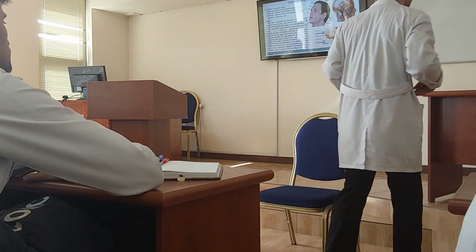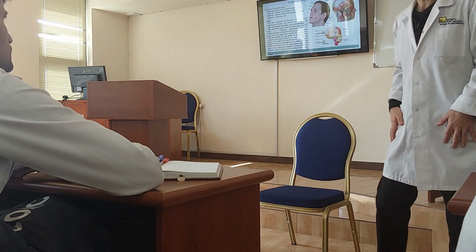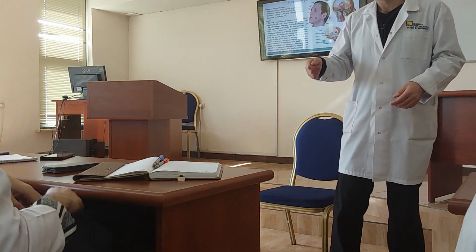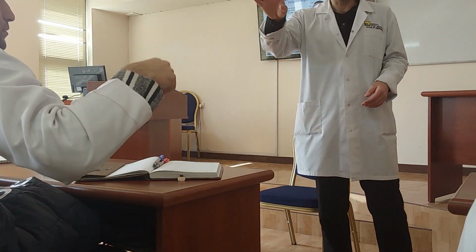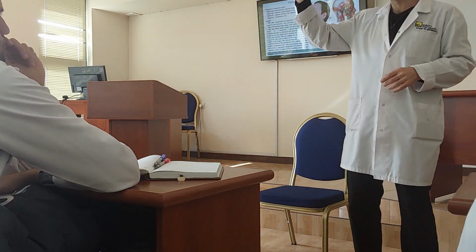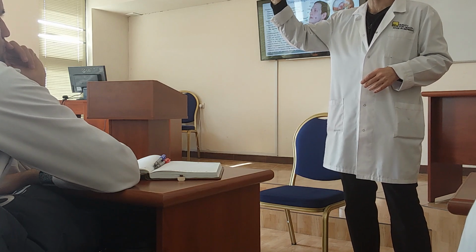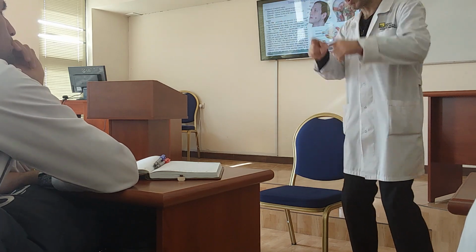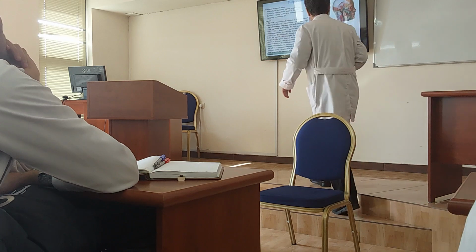These 5 veins, I don't have a marker here now, unfortunately. Do you have one? No. Just remember, in the practical class we will see. The 5 veins join each other and they form vena retromandibularis. I have it in the picture, I can show it to you.